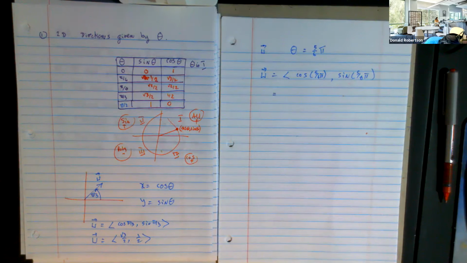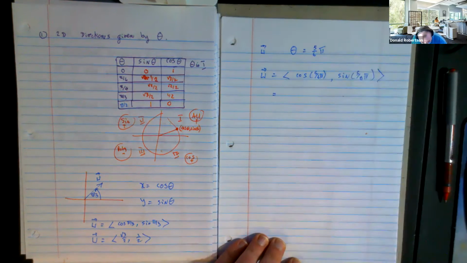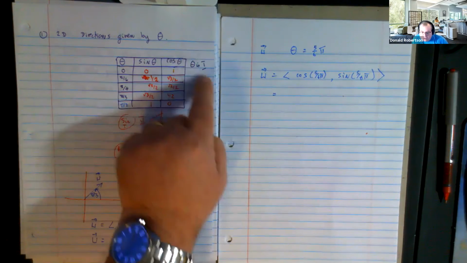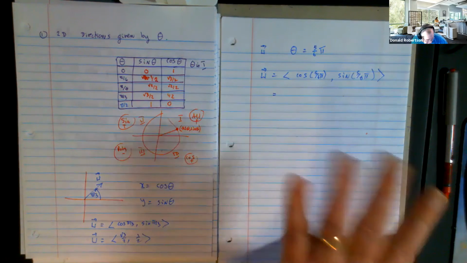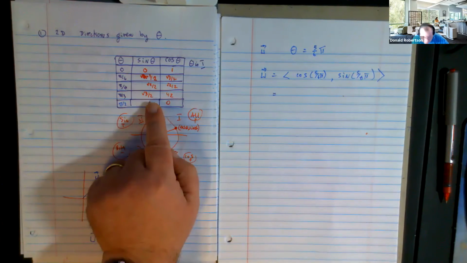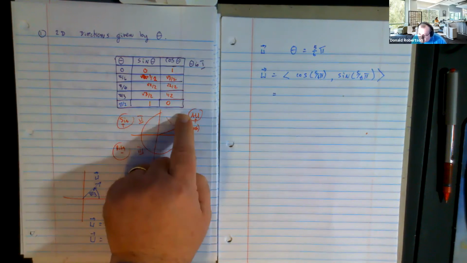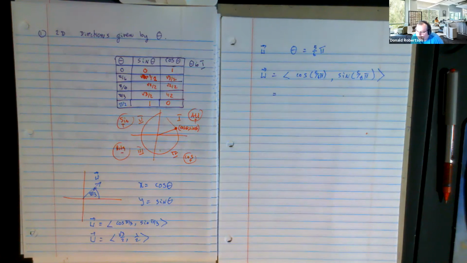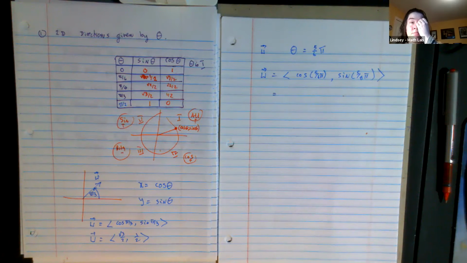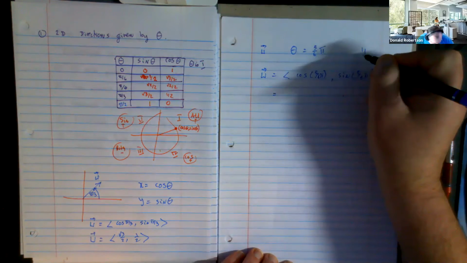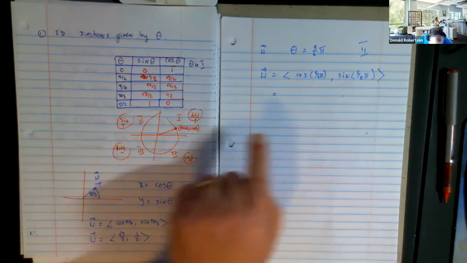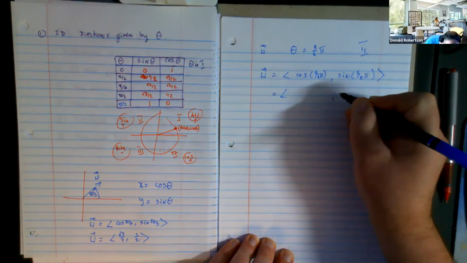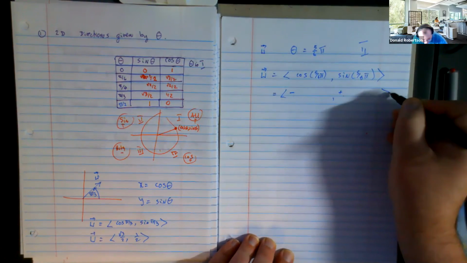So what we need here is the exact value for these two. Although this is for quadrant 1, with a little bit of jiggery-pokery, couldn't we use this to figure out who this is? What quadrant is 5/6 pi in? The second. And because it's in the second quadrant, the sine is positive, and the cosine is a negative something.